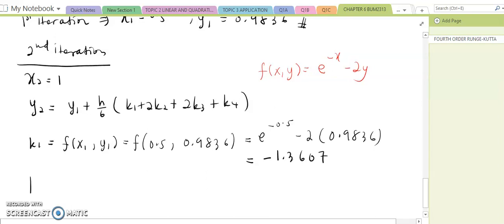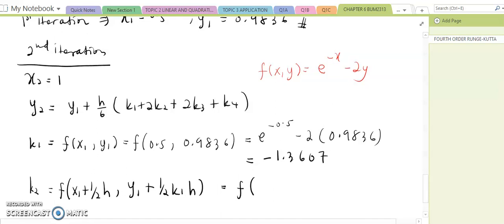Okay, next for k2 value, the formula is f of x1 plus half h, comma y1 plus half k1h. Okay, so k2 is f of, so your x1 is 0.5 plus half h 0.5. So 0.5 plus half times 0.5 is 0.75.